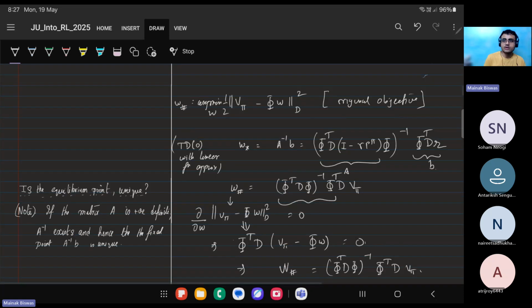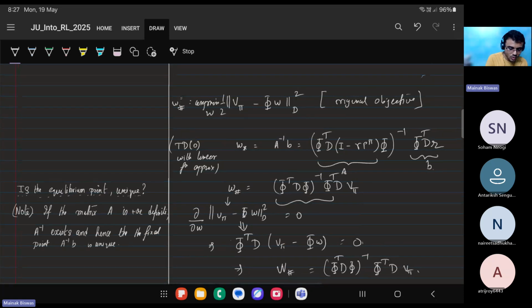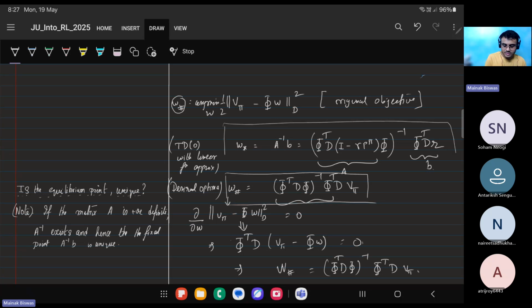So now you see there are 2 points over here. One is W hash, which is the point we desire, right? This is the desired optima. And our algorithm is giving us this optima. So I want to know how far.